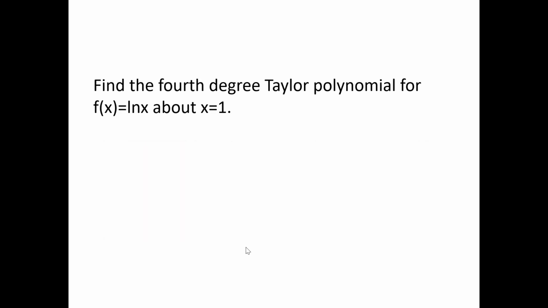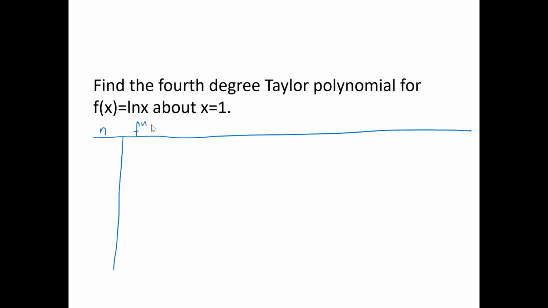So find the 4th degree Taylor polynomial for f of x equals the natural log of x about x equals 1. Again, pause the video at any point when you feel comfortable, and you can do this on your own, and then resume the video to make sure you did it correctly. We're going to do the same thing. We're going to make our table n, our nth derivative.